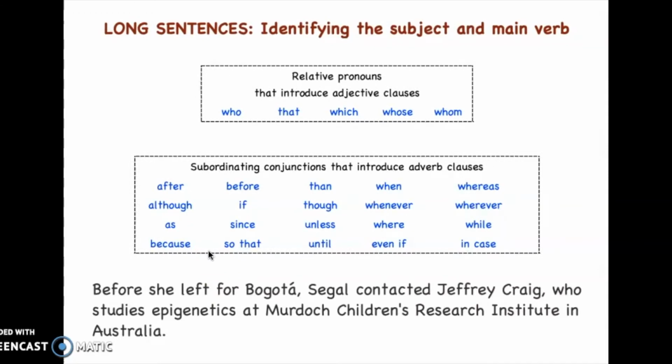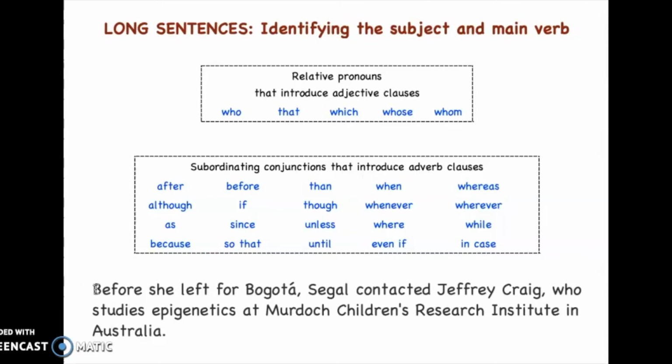Okay, let's look at this example. Before she left for Bogota, Sigal contacted Jeffrey Craig, who studies epigenetics at Murdoch Children's Research Institute in Australia. So we want to look for words that are either relative pronouns or subordinating conjunctions that introduce adverb clauses.